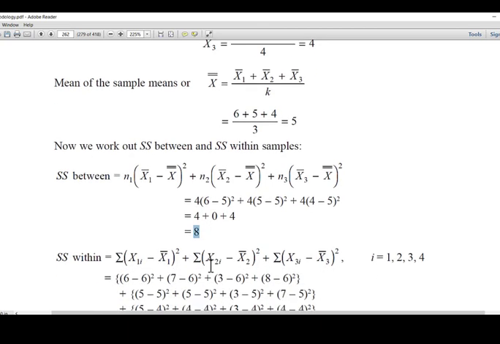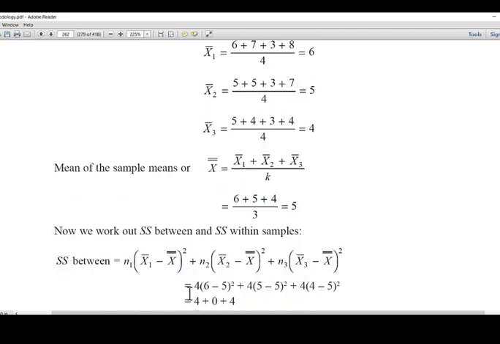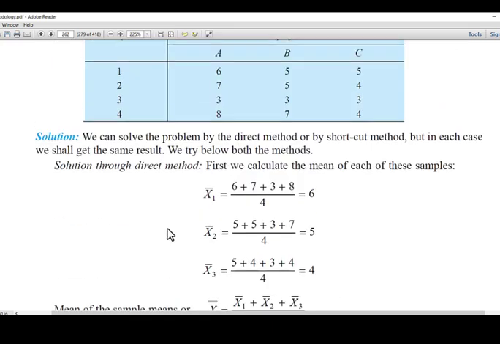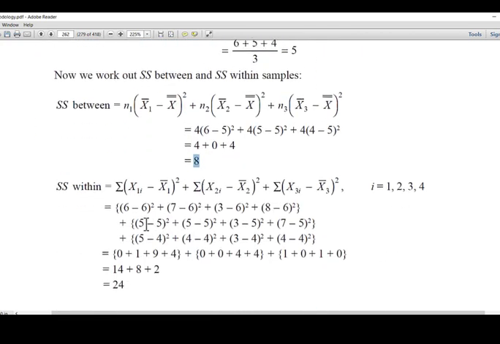Now SS within is given by this equation. Accordingly, what we do, this column 6, 7, 3, 8, each value is subtracted from x1 bar, which is 6. These are corresponding to sample 1.